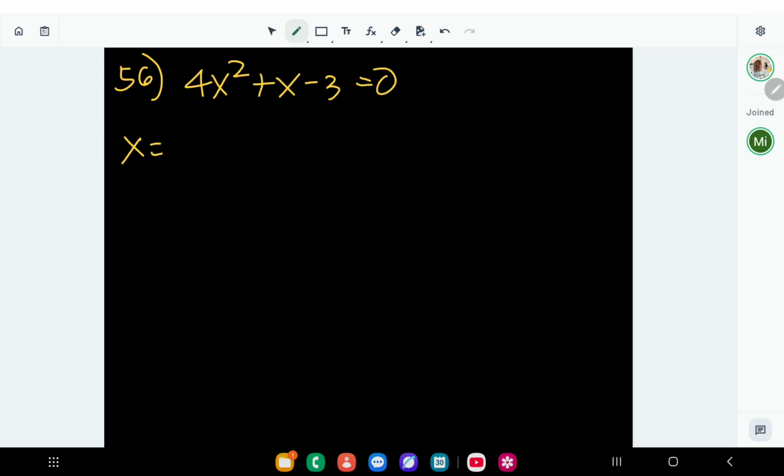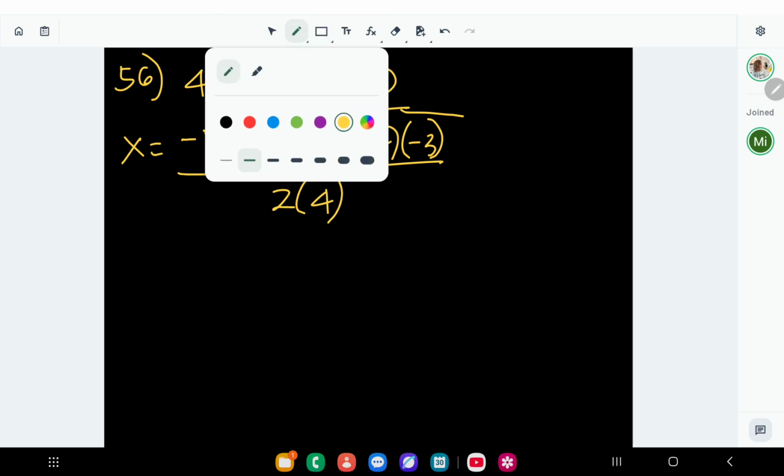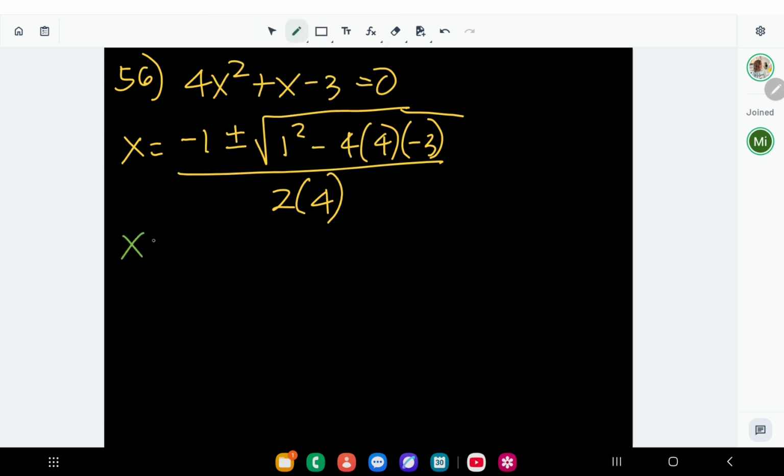So x is negative b plus or minus the square root of b squared minus 4ac, over 2 times 4. So we have x equals negative 1 plus or minus the square root of 1 minus 4 times 4 times 3.